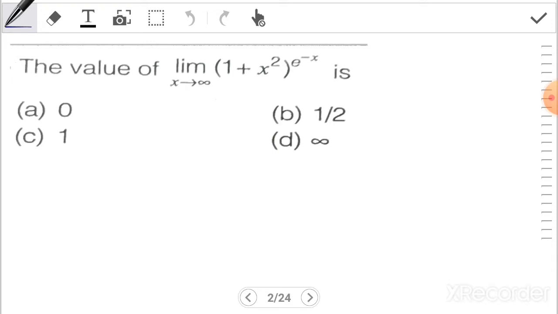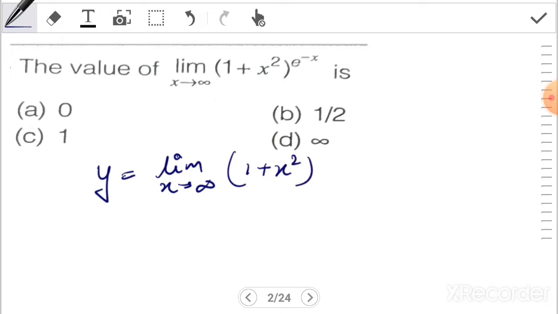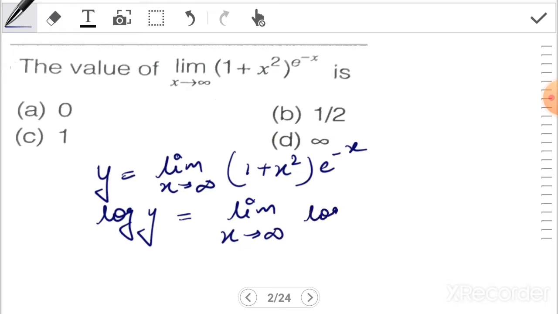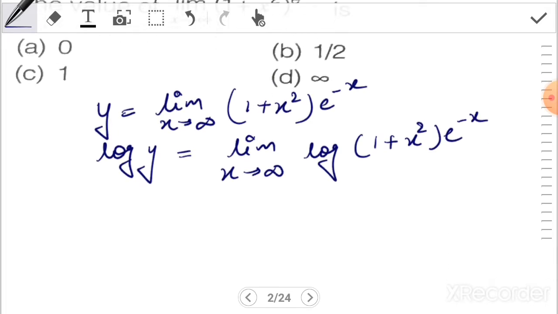Let us assume y is equal to the limit as x tends to infinity of (1 + x squared) e power minus x. Now let us take logarithm on both sides. So log y is equal to the limit as x tends to infinity of log of (1 + x squared) e raised to the power minus x.